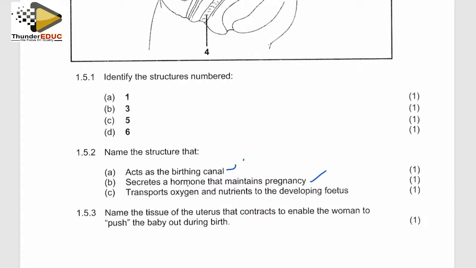So you get the 1 mark there, placenta here. They're saying the structure that transports oxygen and nutrients to the developing fetus. We said yesterday that when you're saying transport to, then it means you are talking about the vein which takes it, so since it is umbilical, it is the umbilical vein.